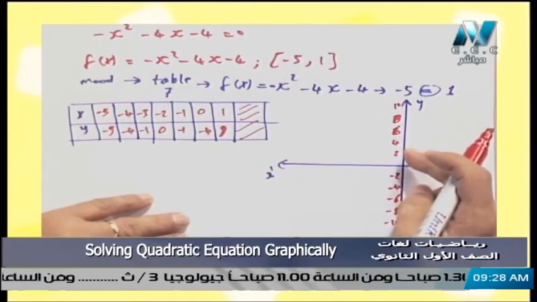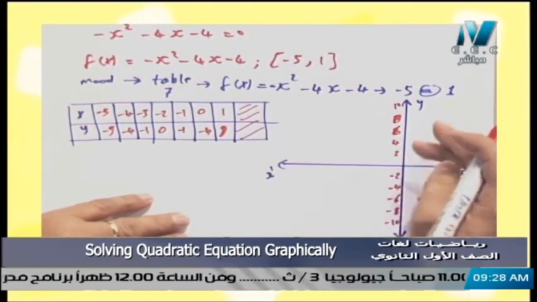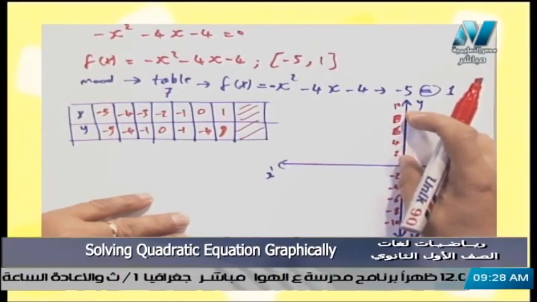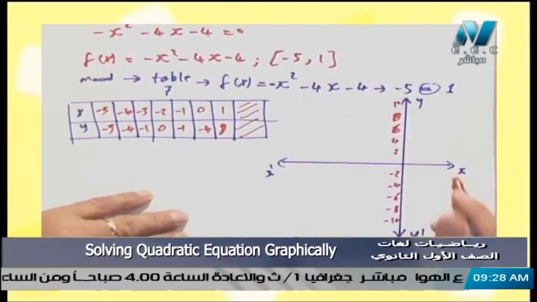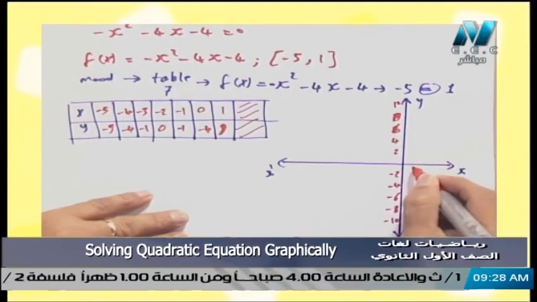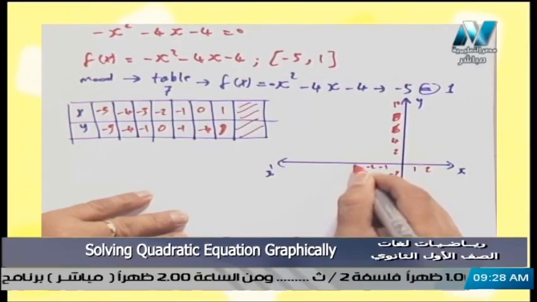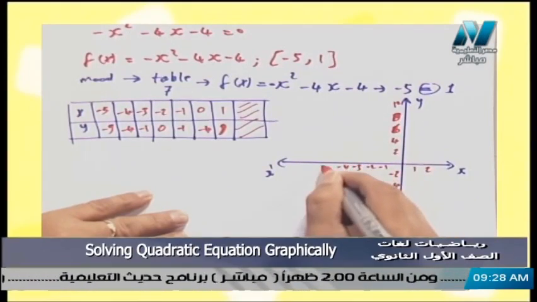I must use two numbers because I have little area here. Here we have 1, 2, negative 1, negative 2, negative 3, negative 4, and negative 5.